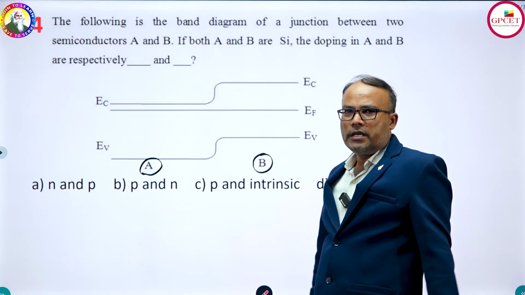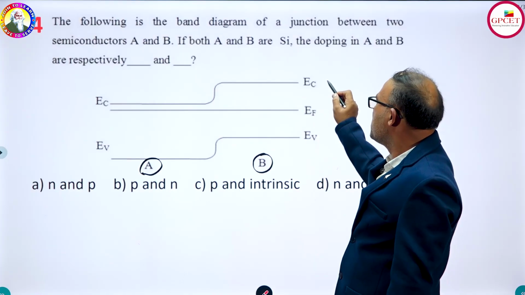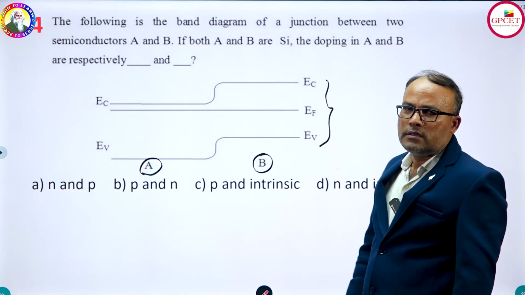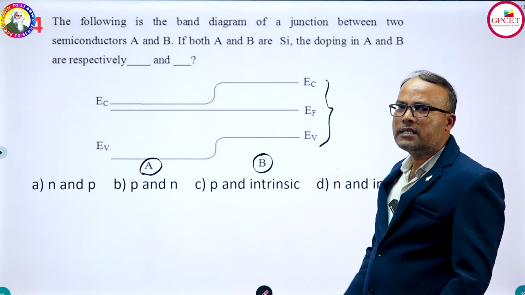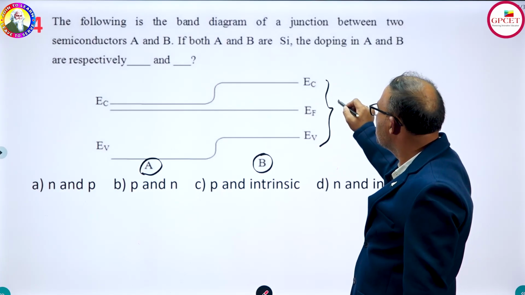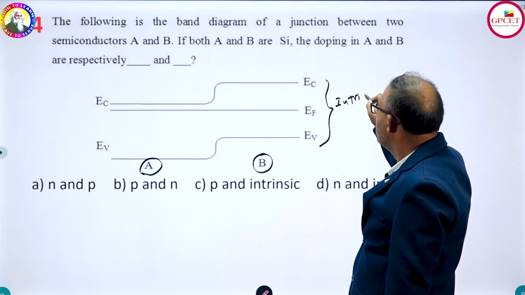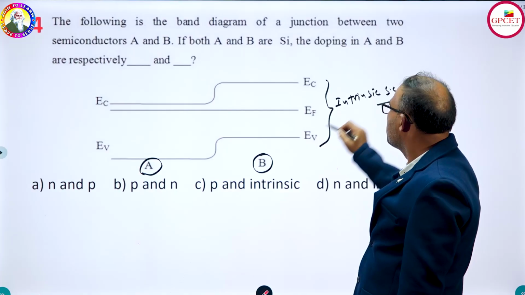As we have already said, the Fermi level lies at the center of EC and EV, conduction energy band and valence energy band, in an intrinsic semiconductor. This is nothing but an intrinsic semiconductor, right?